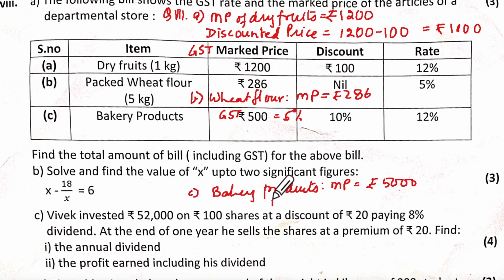Then I'll say discount is 10%, so discounted price is equal to blah, and the GST is going to be 12%. For GST for this is again 12%.